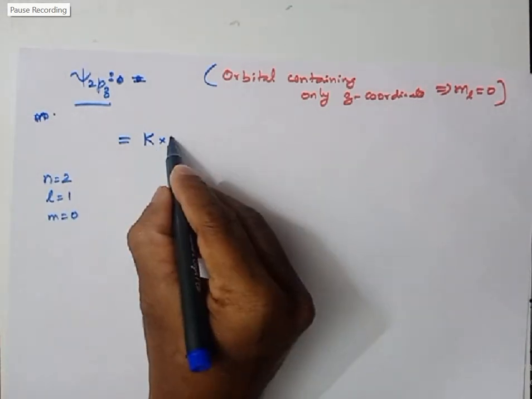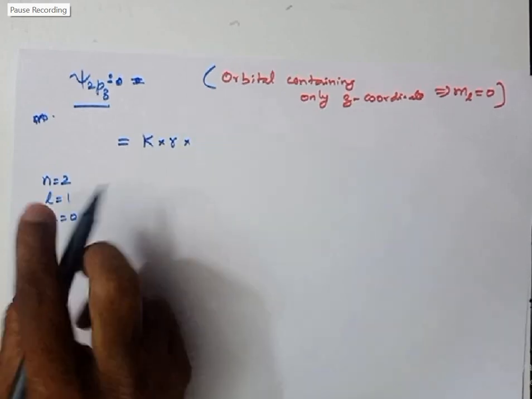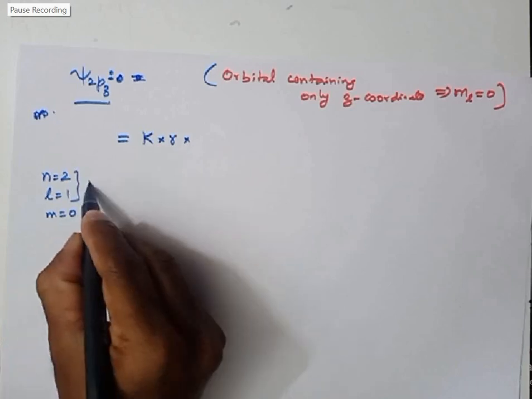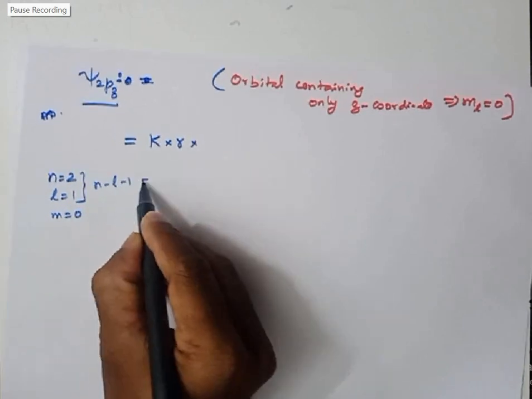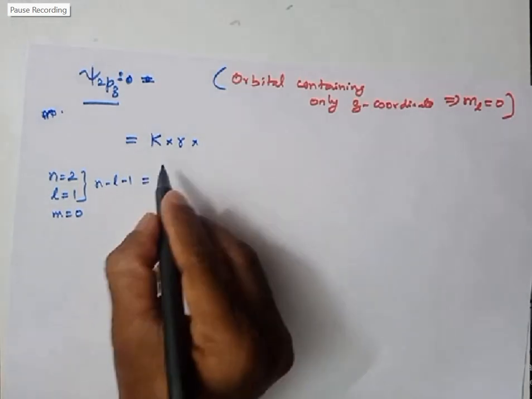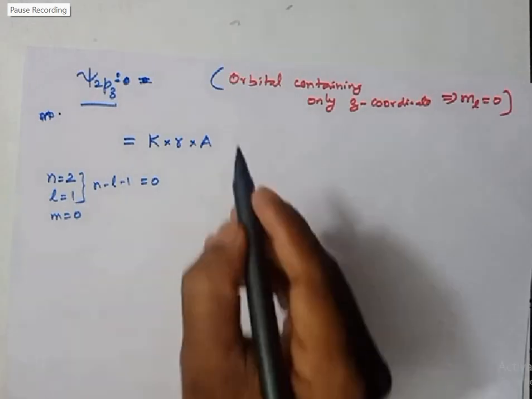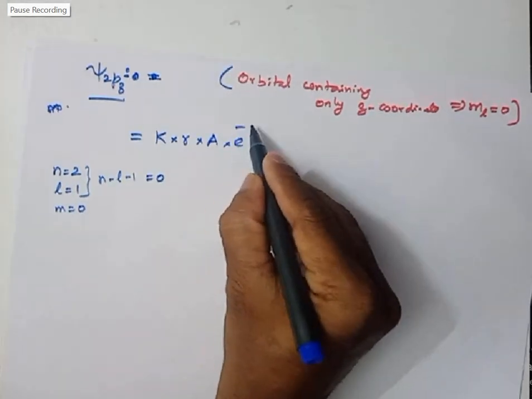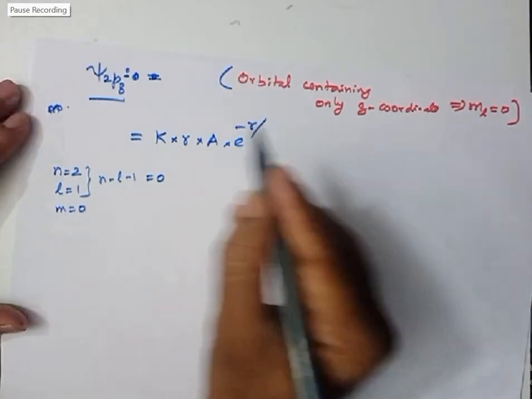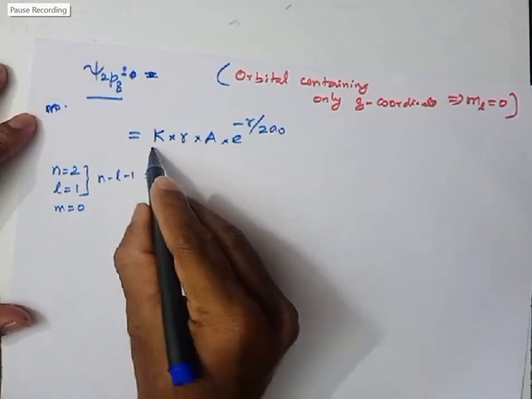K into R power 1 into a polynomial. What is the degree? N minus L minus 1, which is 0. Degree is 0, so the polynomial is just a constant, into e power minus R by 2 into a naught. This is the radial part.